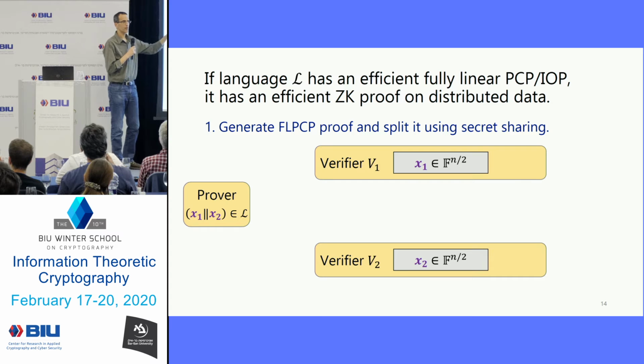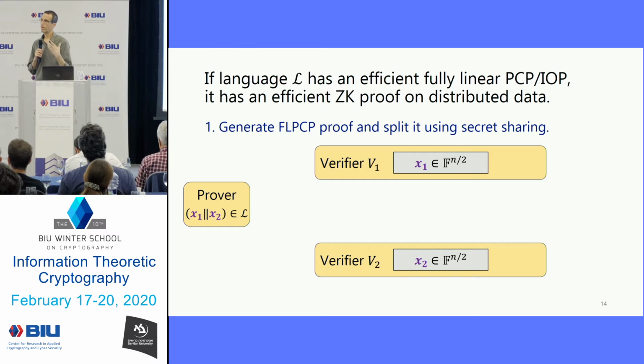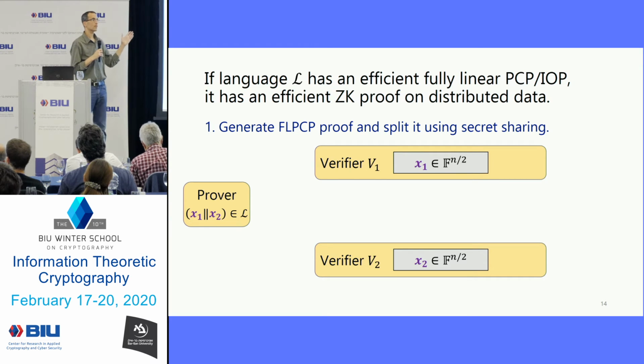And we have the verifiers, and they have the data, but in a distributed fashion. Here, one has one piece, and the other has another piece. You can simply share data where it's iteratively shared. The idea is very similar. And the prover wants to run a zero-knowledge proof in this setting.